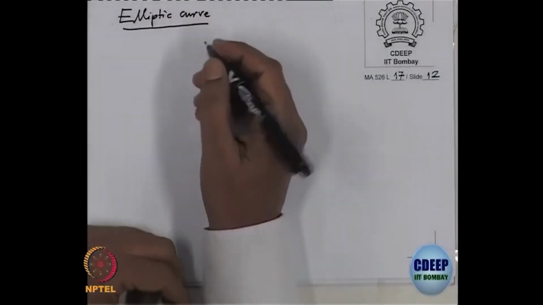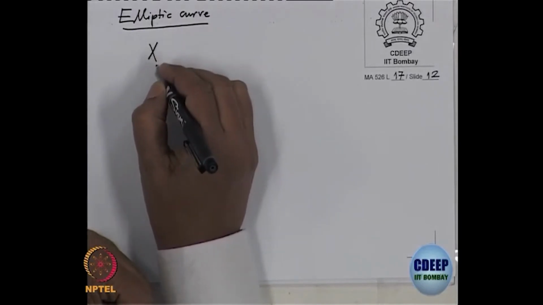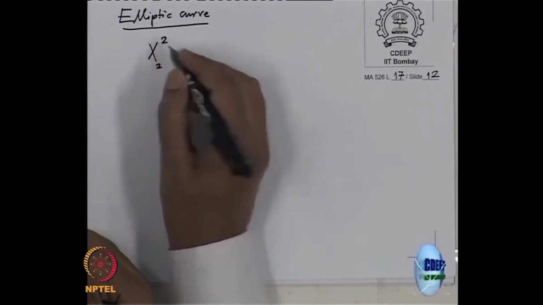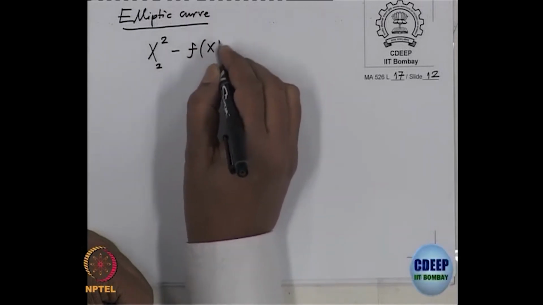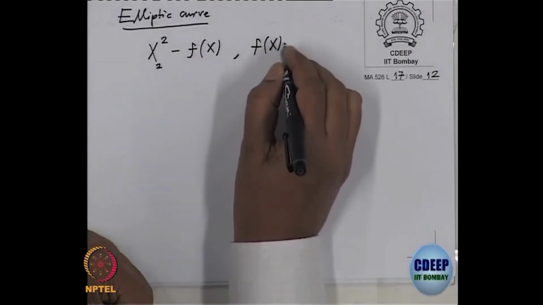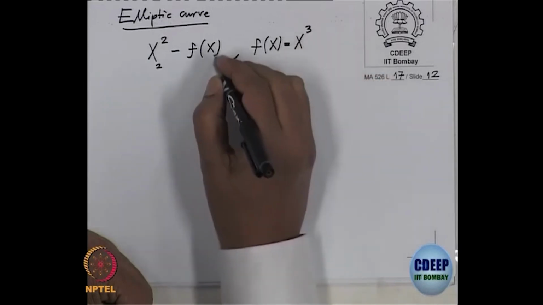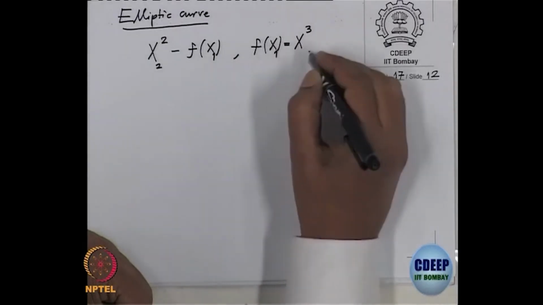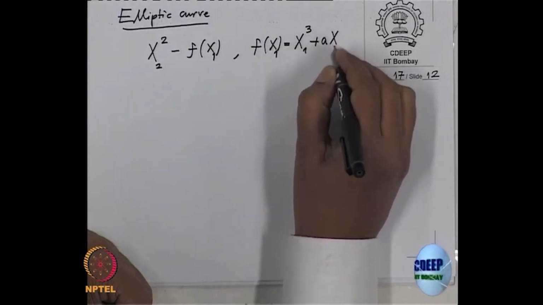So, elliptic curve means what? It is a curve like this, x2 square minus f(x1), where f(x1) is cubic, x1 cube plus some a x1 plus b.